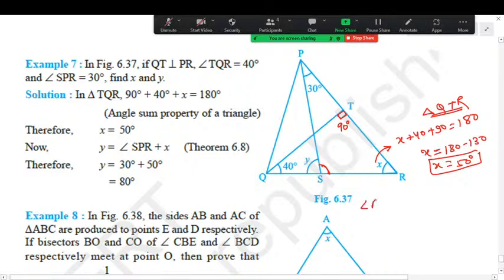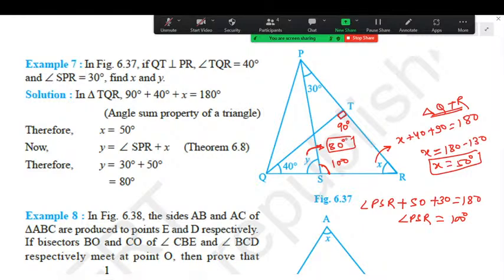Exactly, we can tell, because angle PSR, this x 50 and this 30 must again give you 180. That's why angle PSR should give you 100. And this much is 100, that means they are forming a linear pair. That's why y should be how much? 80. So here we have calculated 80, that is y.